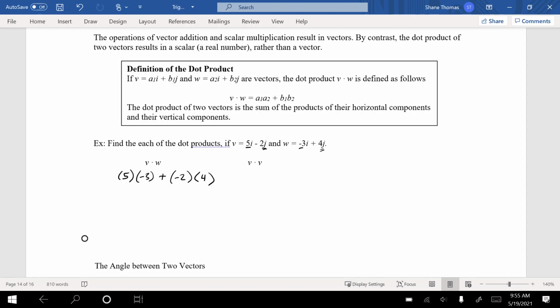So in v there, we have -2j. Make sure that you make that a -2 here. Same thing with the w, that -3 has to come along as well. So what's 5 times -3? -15. What's -2 and 4? -8. -15 plus -8 is -23. Done.